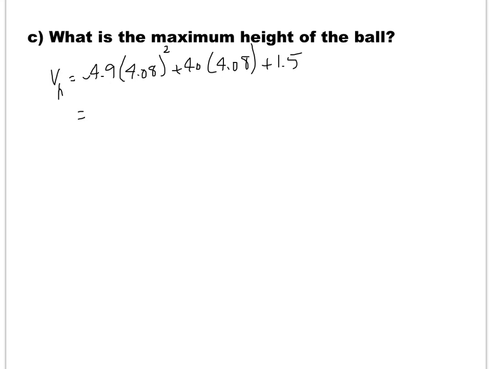If you simplify this one, you get 83.13 meters. So the maximum height that the ball reaches is 83.13. So the vertex is 4.08 and 83.13.